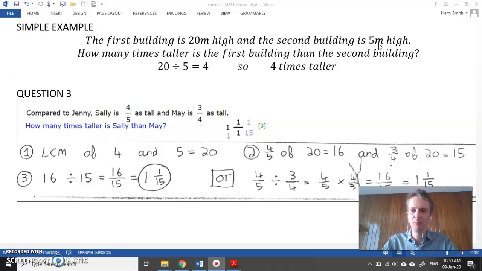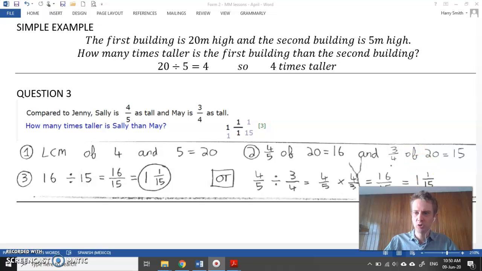You know the rough length of 1 meter, so you should be able to picture 5 meters. How many times taller is the first building than the second? You might say straight away, 5 meters and 20 meters, so it's 4 times taller. But if we're doing a calculation, we would do 20 divided by 5, so 4 times taller. That makes a lot of sense to me.